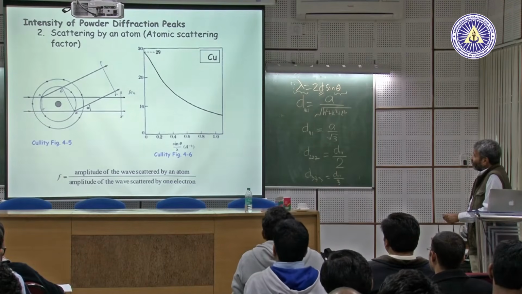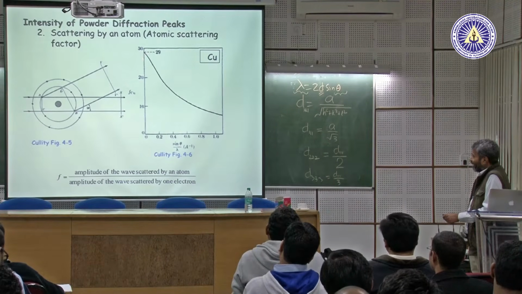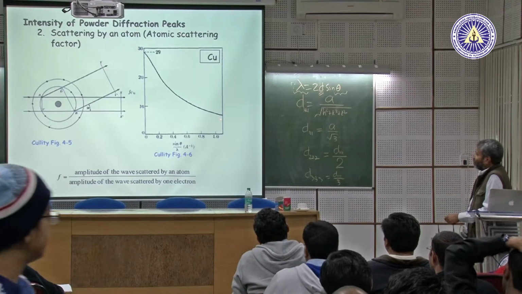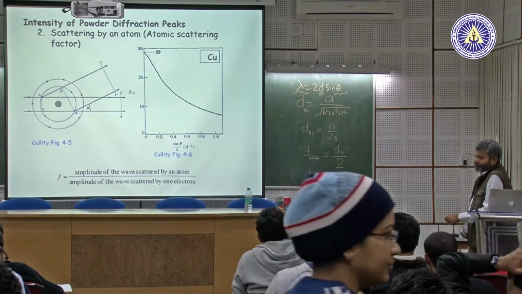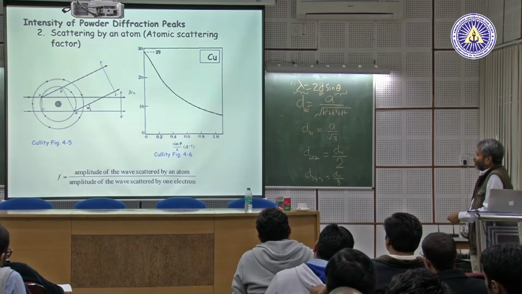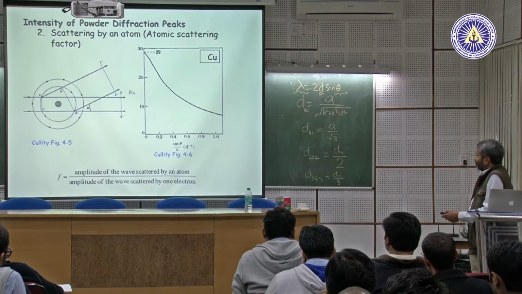So at 0 you will always have an atomic scattering factor equal to the atomic number of the atom, and beyond that it decreases, which has to be calculated from more advanced physics. But we are looking at that curve, and tables are available for use.